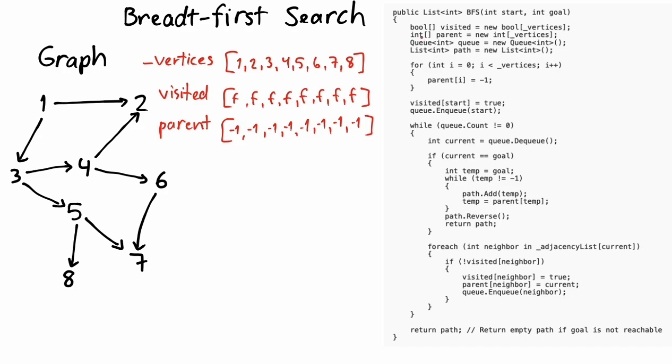And then we add a new queue, and it is important. It is currently empty, so we don't have anything in that queue.